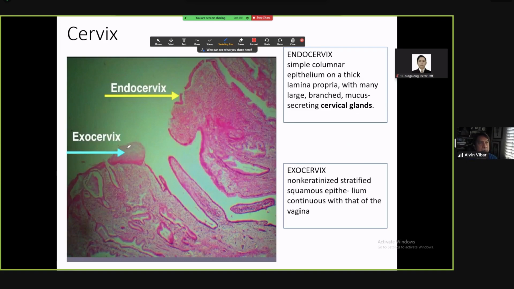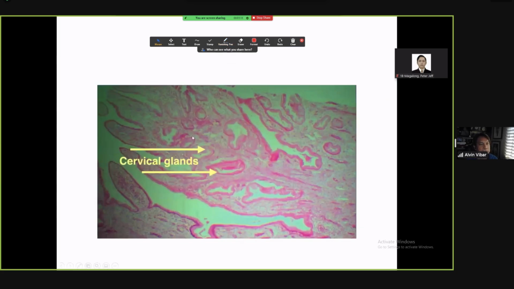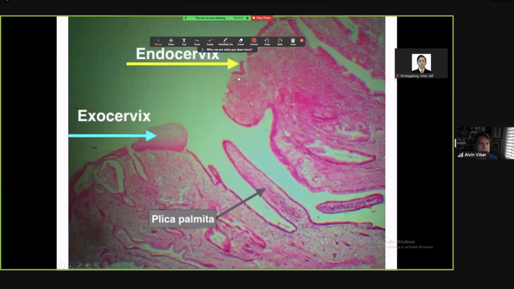Take note of the lining epithelium. Okay, the glands, I'm sure this was also mentioned in the lecture, the mucus secreting glands in the cervix, we call them cervical glands, mucus secreting. Again, exocervix and endocervix.